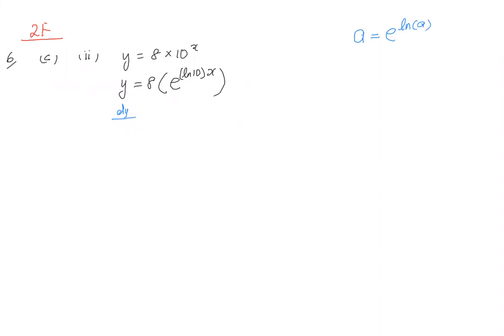Okay. If I prove it to you, okay? You are not satisfied if I didn't prove it to you. Why? How this formula come about? Okay, I prove it to you. Okay, a to the power of n, I let it be k. Can or not? Okay. So now what I do is I take ln on both sides.